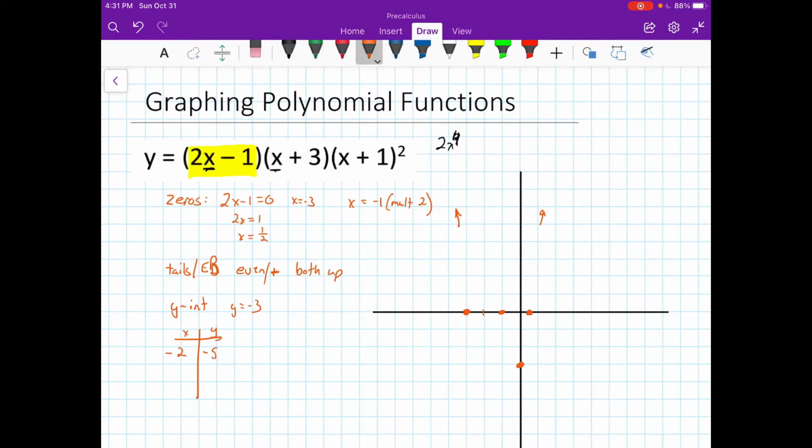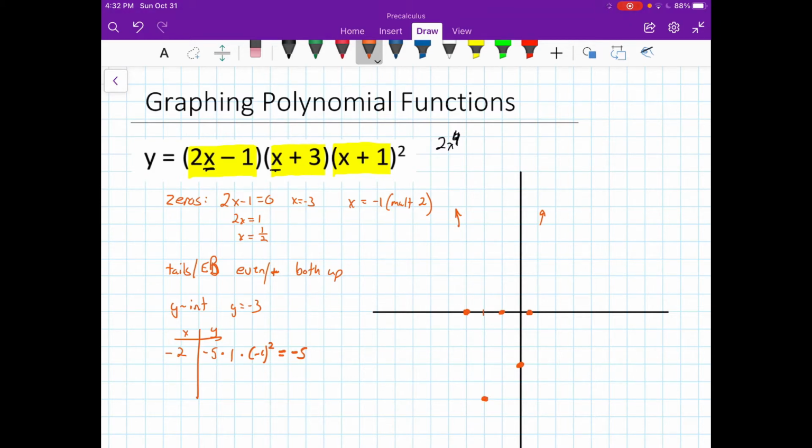So we have negative 5 times negative 2 plus 3 is 1. And then negative 2 plus 1 is negative 1, but that is squared. So when we plug in negative 2, multiplying this out, we get negative 5. So we have negative 2, negative 5. So put a point there at negative 2, negative 5.